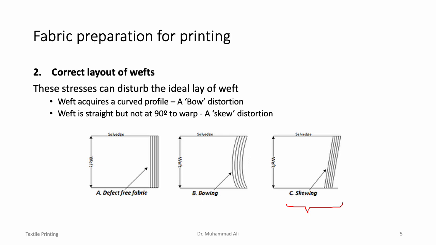So in this image here, you can expect that of course the warp yarns will be like this. So we are talking about this angle here. The angle between the warp yarns and the weft yarns is no longer 90 degrees, despite the fact that the weft yarns are a straight line. This distortion is called a skew distortion.